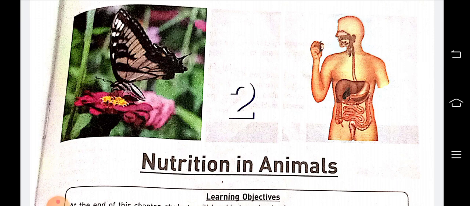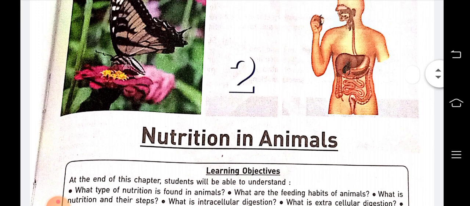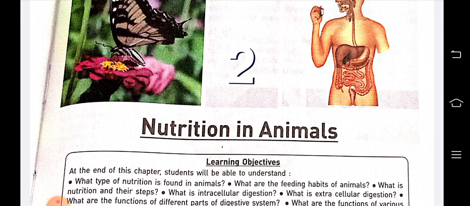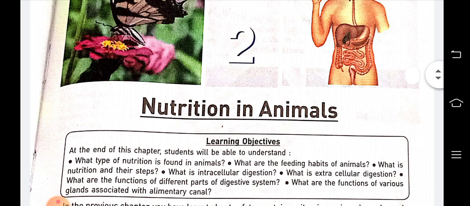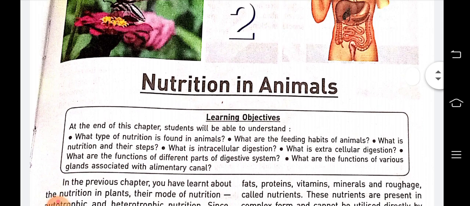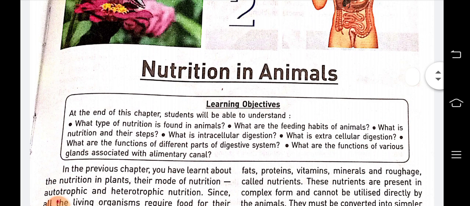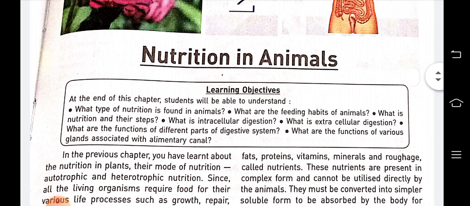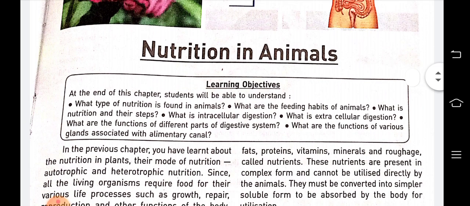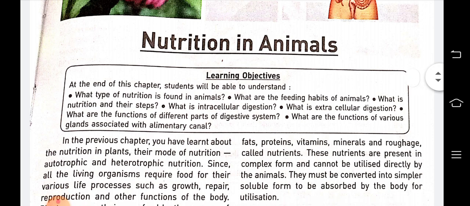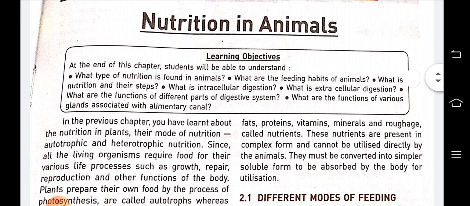Today I am going to start Chapter 2, Nutrition in Animals. Chapter 1 was Nutrition in Plants, and Chapter 2 is Nutrition in Animals. Now you are able to know what is nutrition. Nutrition is the method of taking food, how the organism takes food and it gets utilized in the body.